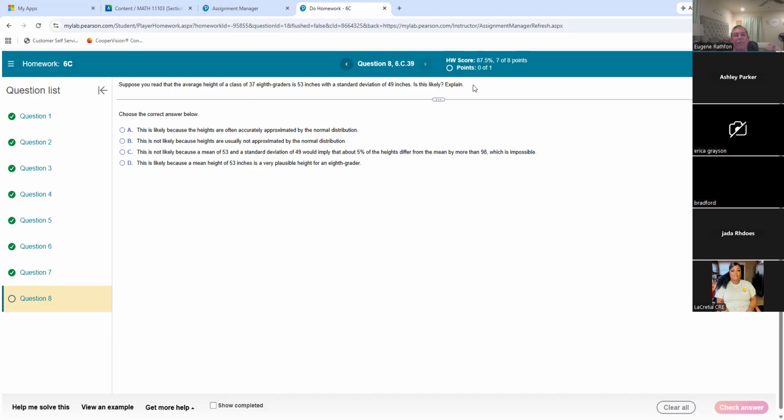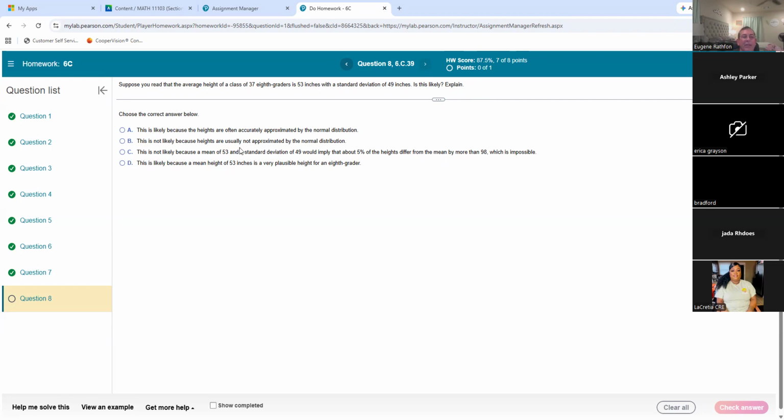Well, from that, 53 minus 49 would give you 4 inches at one standard deviation. And then add that, that's like 102. So that means that 68% of my eighth graders would be between 4 inches and 102 inches. Yo, there's no way that's happening. So it is very unlikely.